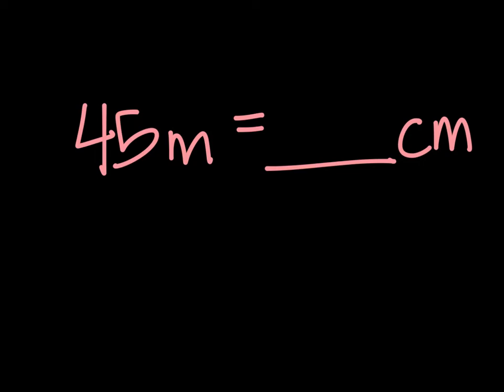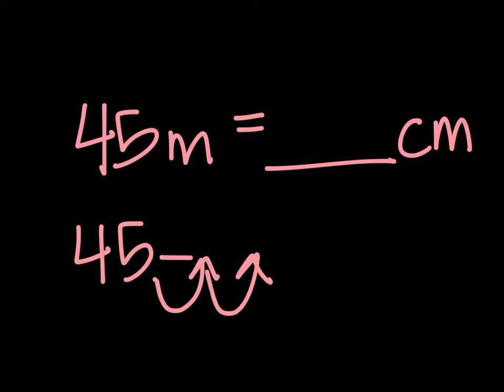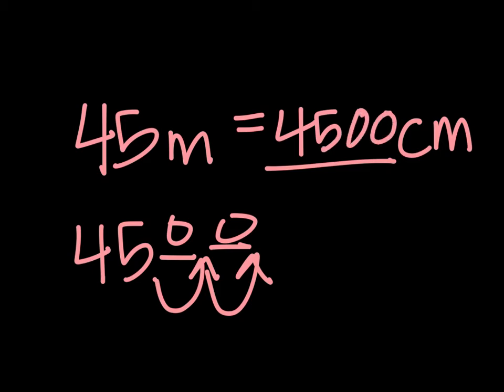So I'm going to move my decimal 2 places to the right. So I'm going to take that 45, I'm going to go 1, 2 to get 2 zeros. So there are 4,500 centimeters in 45 meters.